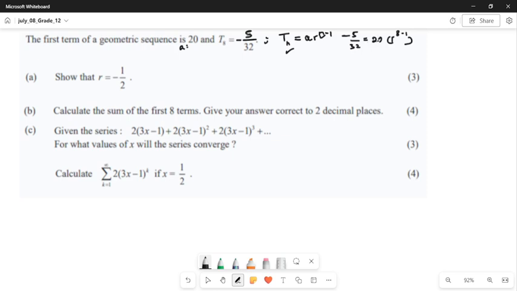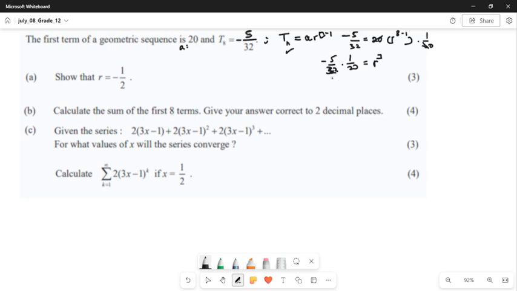Let us divide everything by 20, or multiply by 1 over 20, to eliminate the 20 on the right hand side. On the left we'll have negative 5 divided by 32 multiplied by 1 divided by 20, and on the right r raised to the power 7.